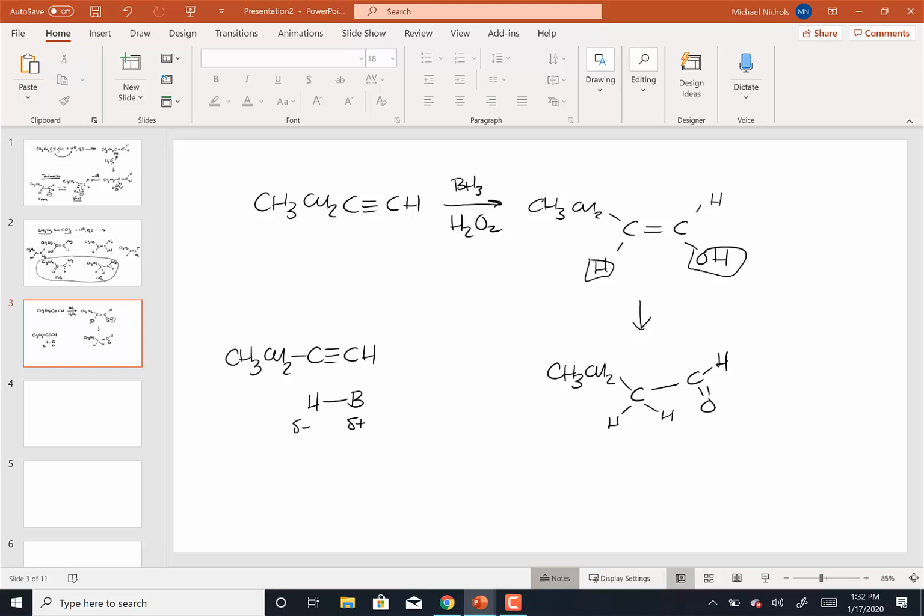So what's going to happen is my pair of electrons is going to move like this to form the C-H bond, and then the triple bond is going to move out to form the bond to the carbon. And so I ended up going through what kind of transition state? I ended up going through a square transition state.